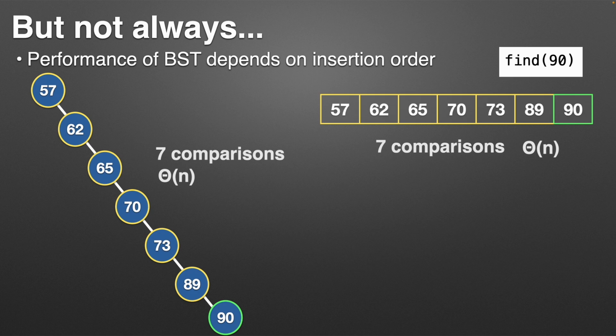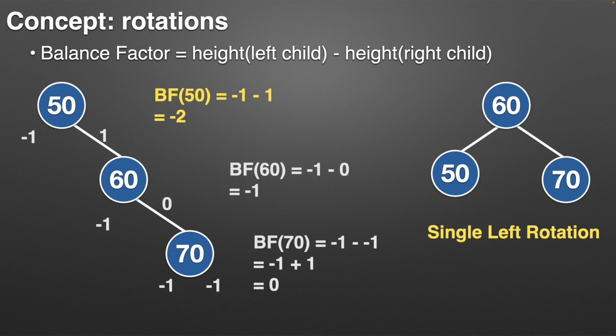We need a solution so that we don't end up with unfortunate trees like this. The idea is that as we build our tree, we make sure it maintains properties that are beneficial to us so that it never becomes that long, linear line.